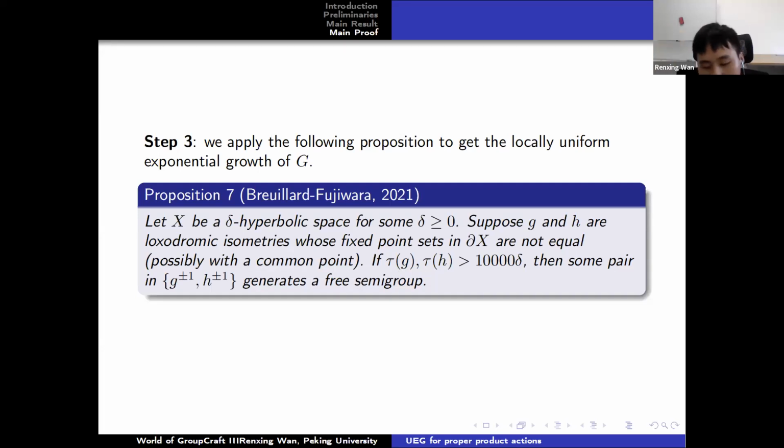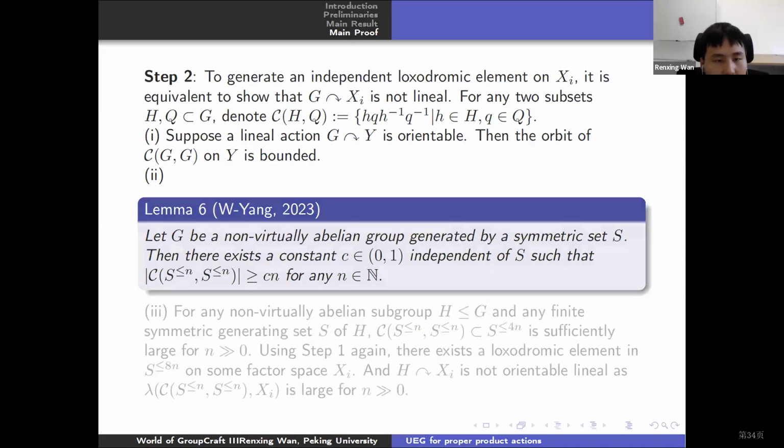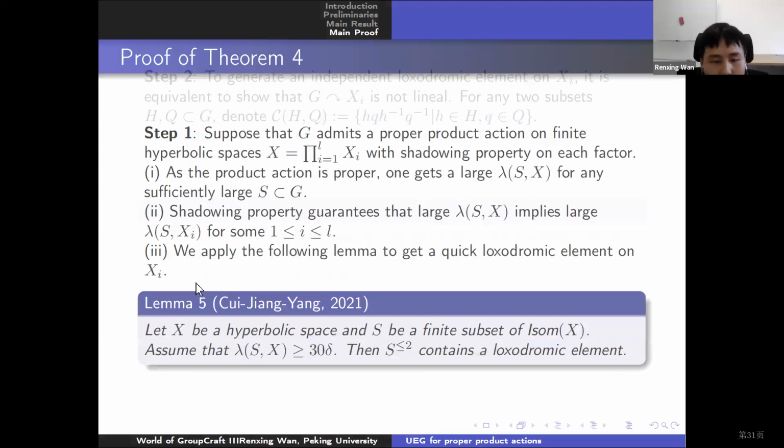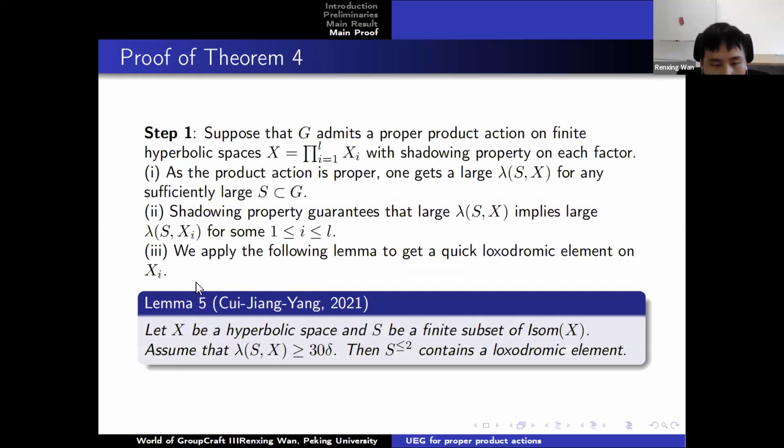And step 2 says that displacement of both two loxodromic elements are still very large. No, this may be implied by step 1. Yeah, lemma 5 implies that the loxodromic element has almost the same displacement as the displacement of the subset.